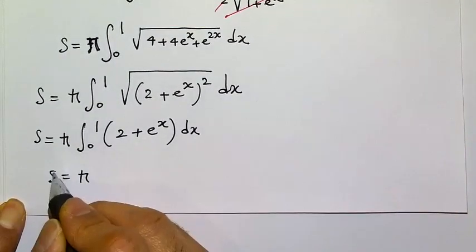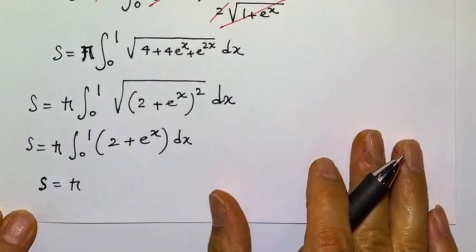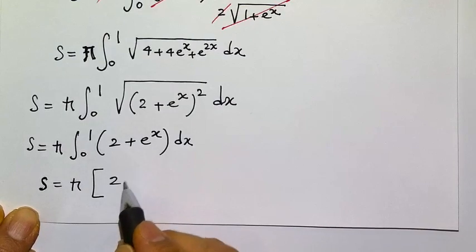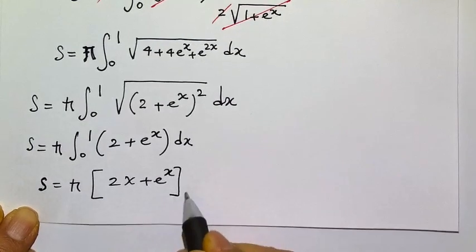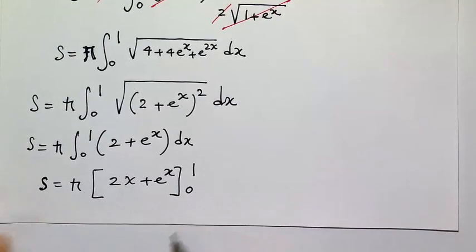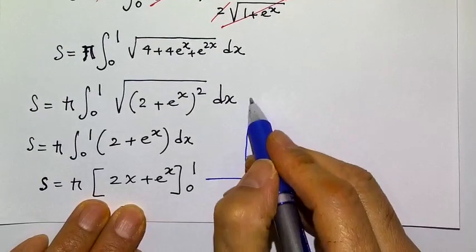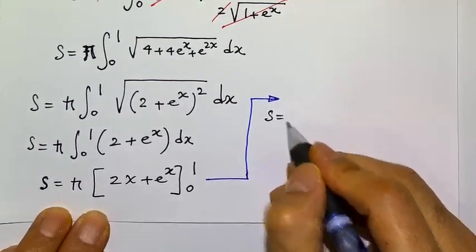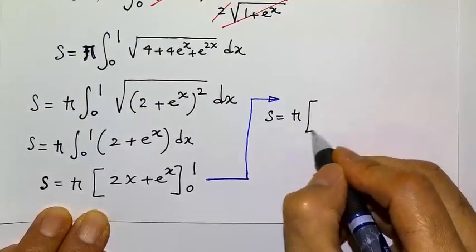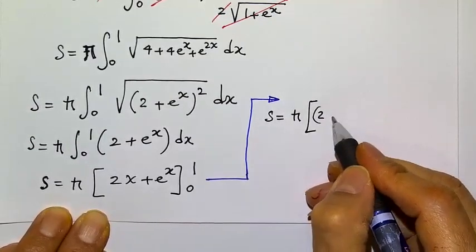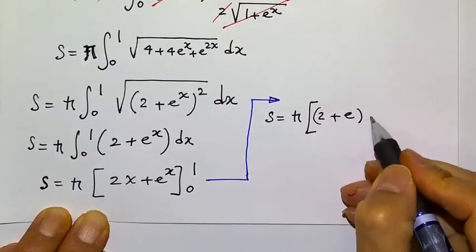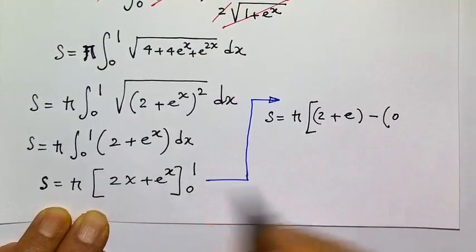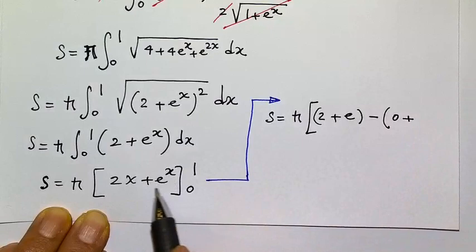Okay, and of course this is pretty straightforward to integrate. We have pi times 2x plus e to the x from 0 to 1. So let's evaluate this up here. We end up with pi times (2 plus e), minus (0 plus 1), since e to the 0 power is just 1.